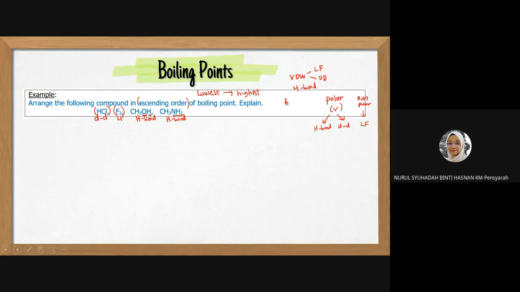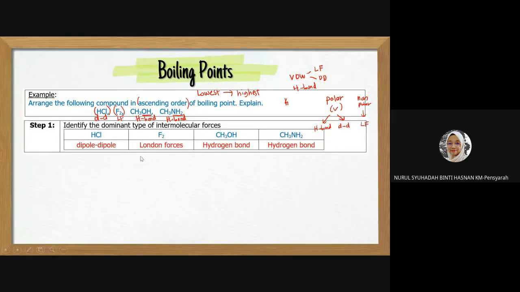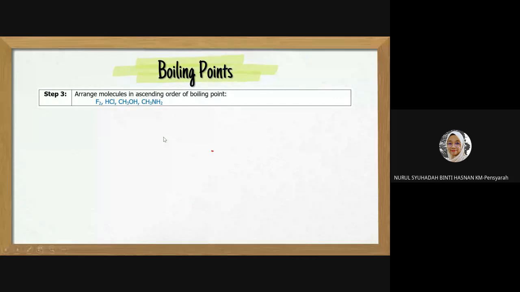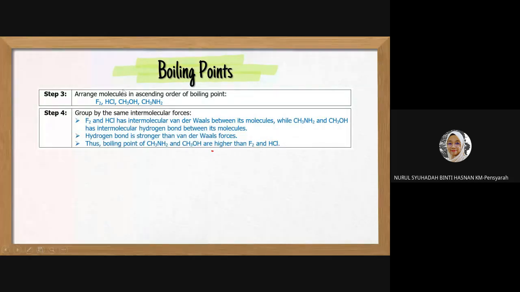So untuk jawapan dia, macam saya kata, kita tentukan tadi. Kemudian dekat sini calculate the relative molecular weight. So molecular weight ni kalau tak tentukan pun tak apa. Yang penting dekat step 1 tentukan dia punya intermolecular forces. Lepas tu baru kita susun. Jadi susunan kita tadi adalah F2, HCl, CH3OH, CH3NH2.